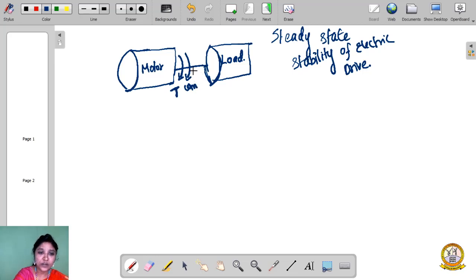There is a load torque, but this load torque will be opposite to the motor torque, as represented by this arrow mark. The total moment of inertia for the system is J. J is the moment of inertia.